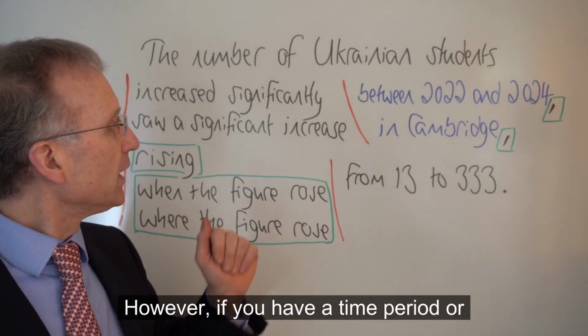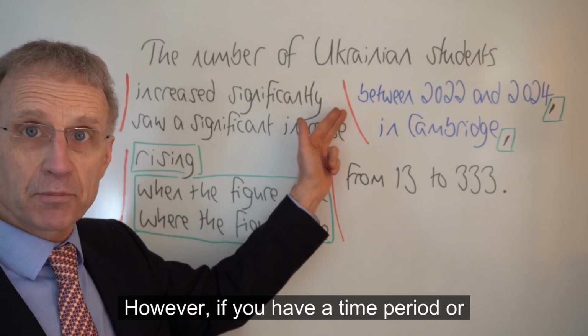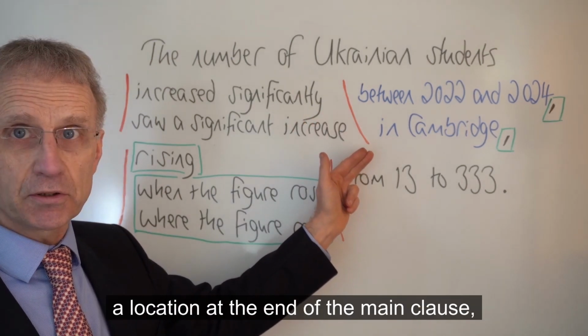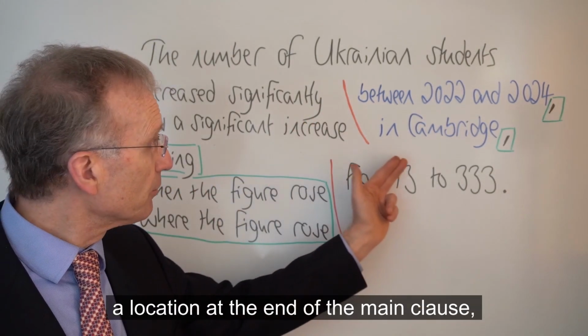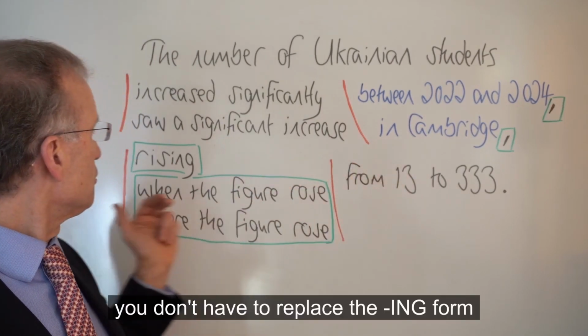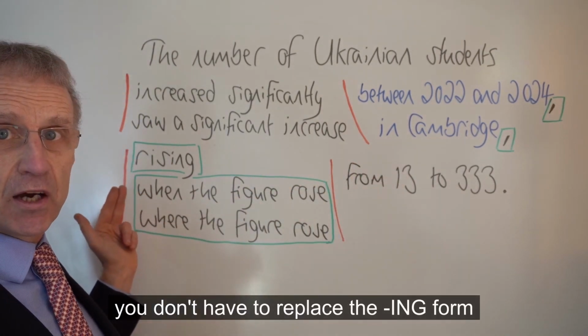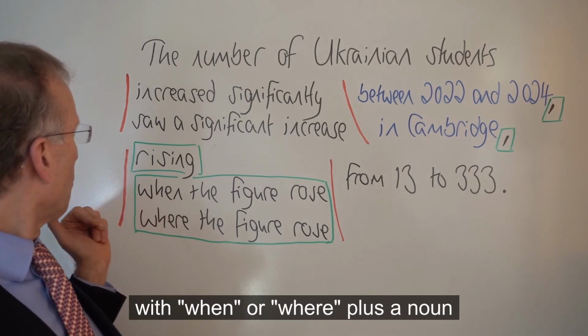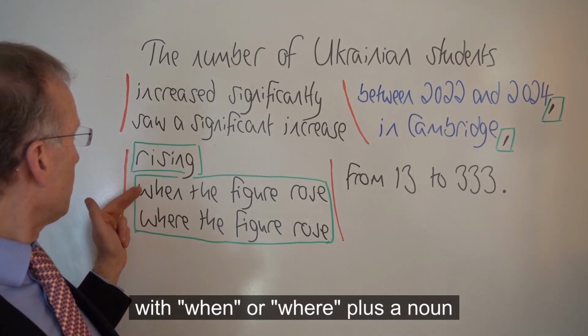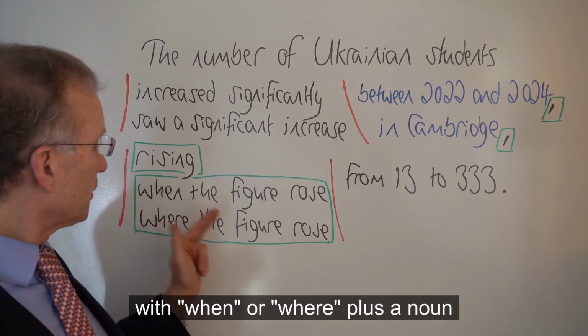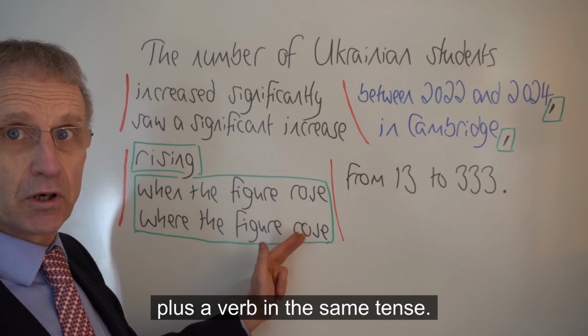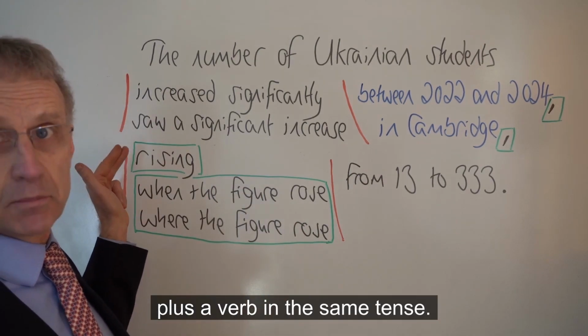However, if you have a time period or a location at the end of the main clause, you don't have to replace the ing form with when or where plus a noun plus a verb in the same tense.